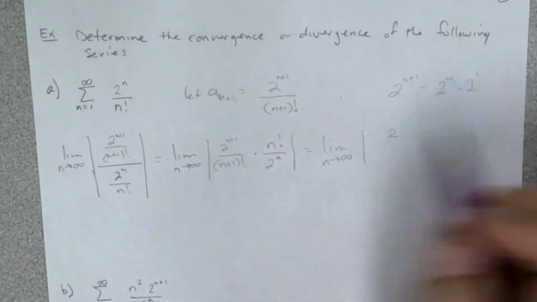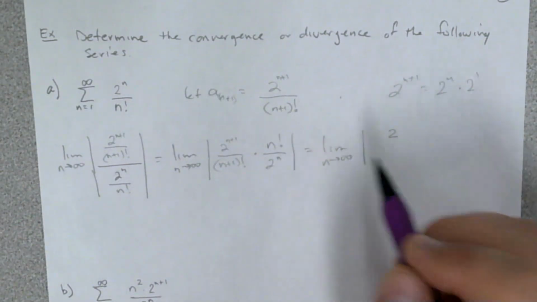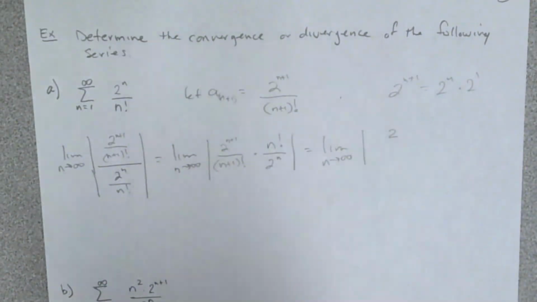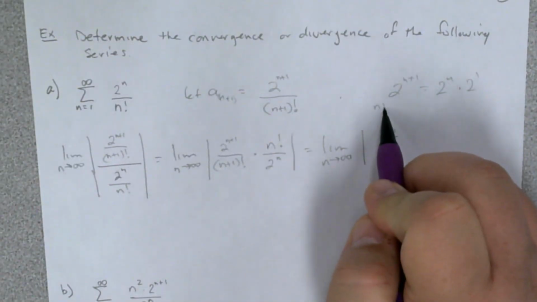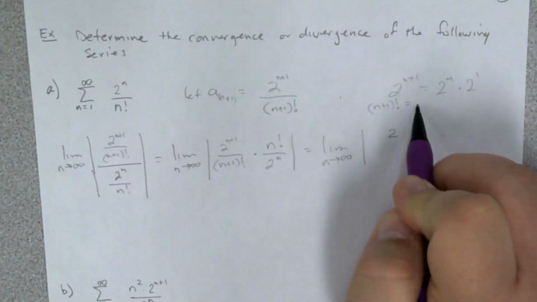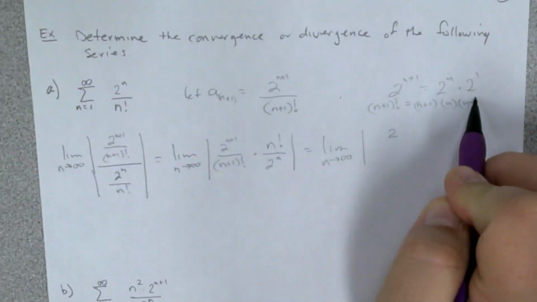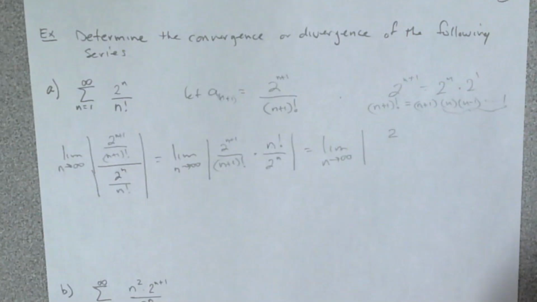Okay, now what about the factorial? Well, factorial, remember, simply means that number times every integer from there going down to 1. So n plus 1 factorial means n plus 1 times n times n minus 1 all the way down to 1. Well, that right there is just n factorial.